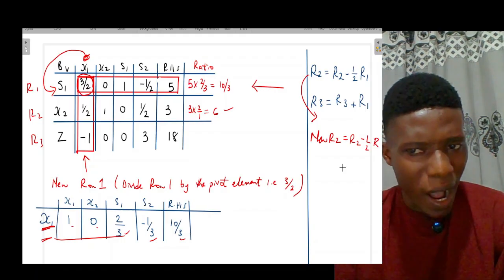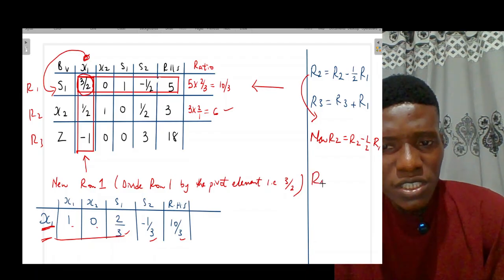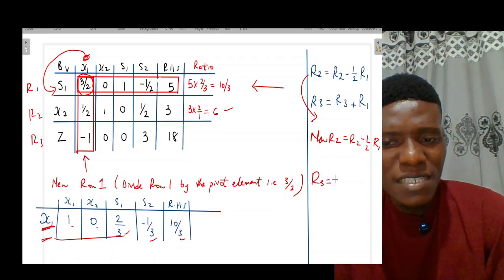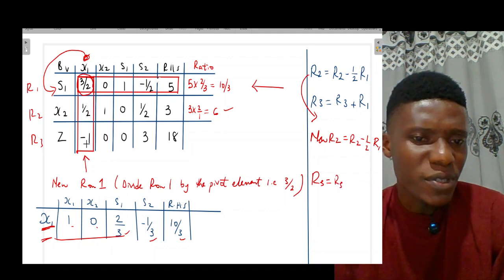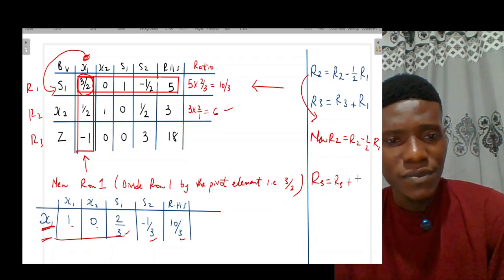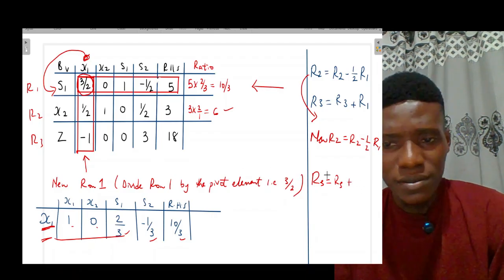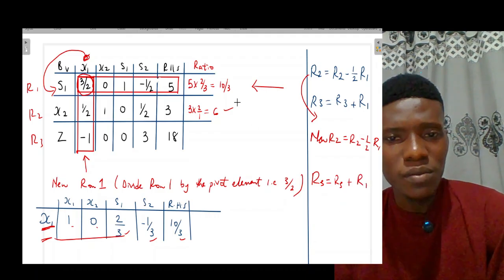Row 1 times row 1. Then to get the new row 3, new row 3 is the same thing as the old row 3. Is it going to be plus or minus? Good, plus. Why? Because the number here is minus. So it's going to be plus 1 row 1. Why are we using row 1? Because row 1 is the pivot cell.